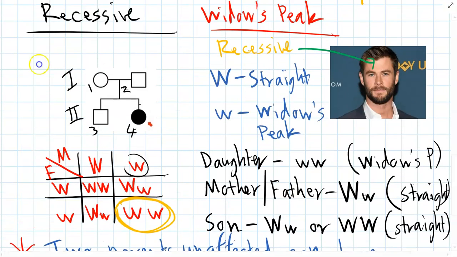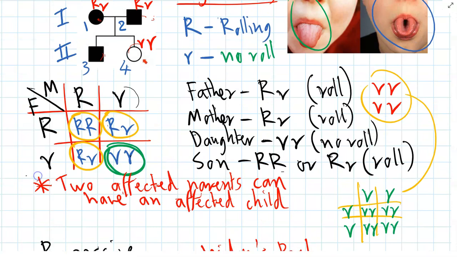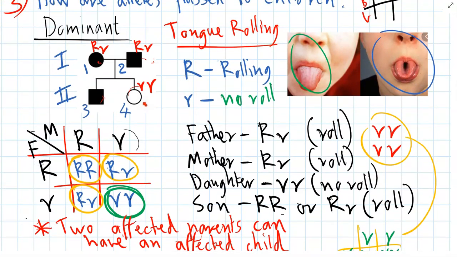So let's go back to the dominant situation earlier. We had rolling of the tongue. So capital R was rolling and small r was no rolling.